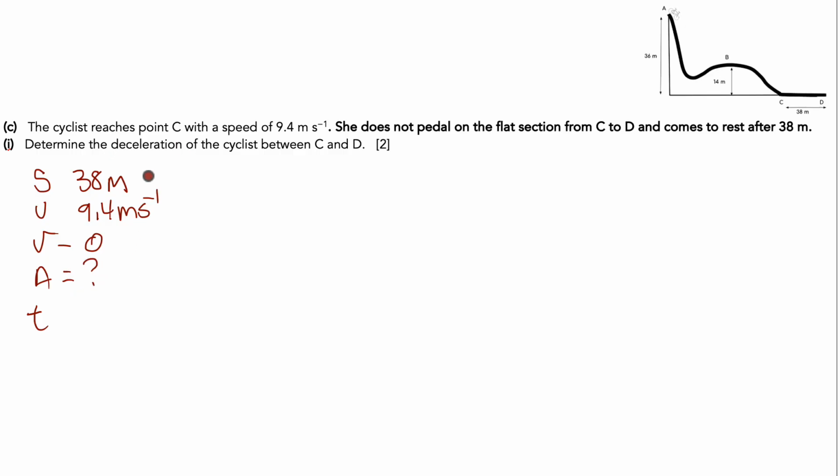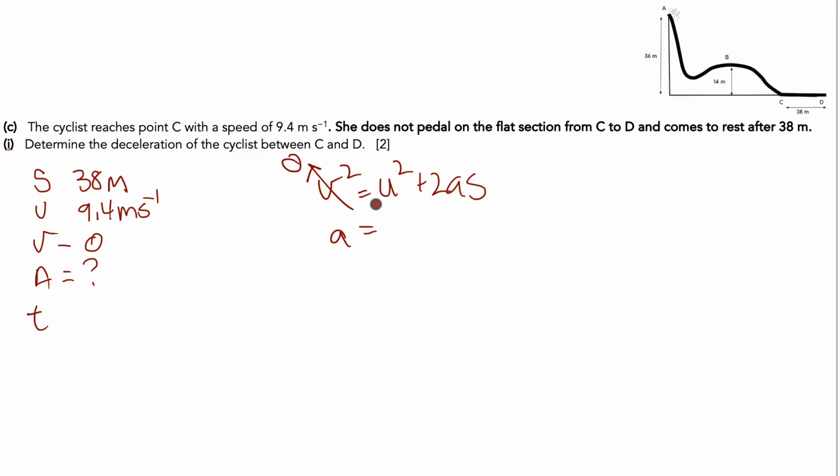Remember, the word deceleration is just an English word. The scientific word is acceleration. Could be speeding up, slowing down in a positive or negative direction. Go to my data booklet and I find the equation that has all of this in there. V squared equals U squared plus 2AS. And in this case, we know this value is 0, making my algebra so much easier to solve.